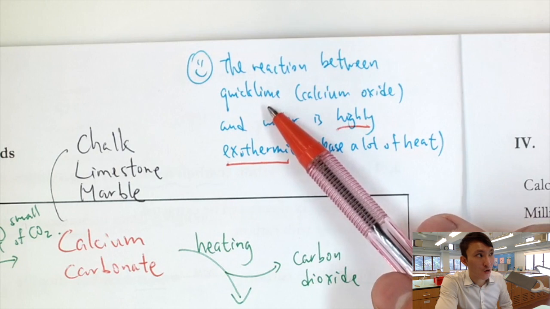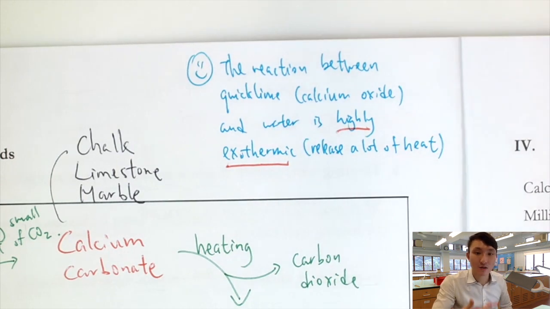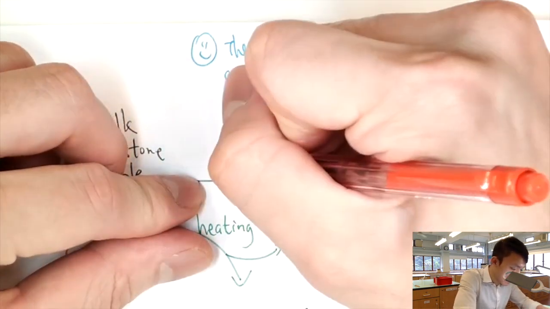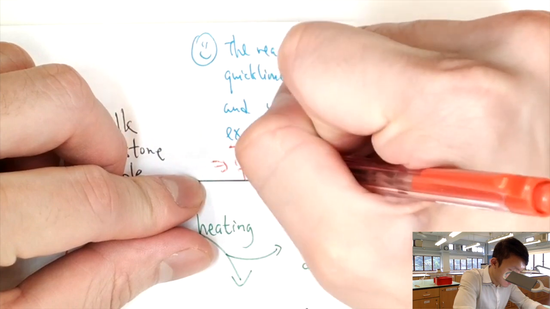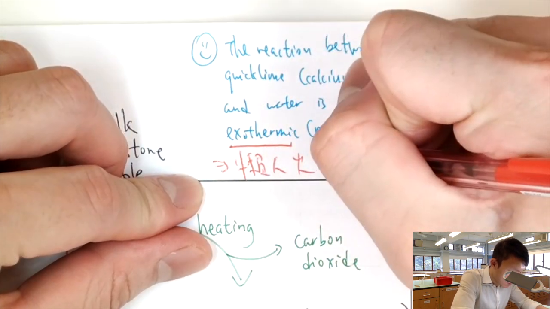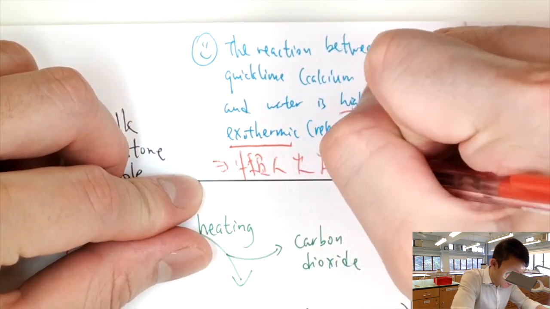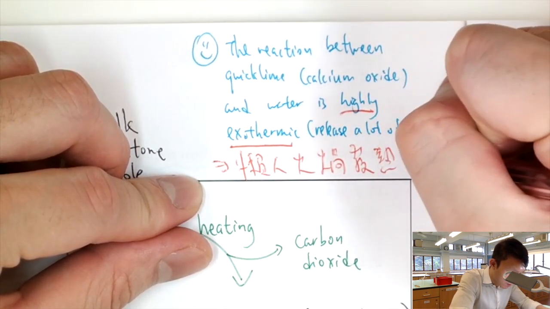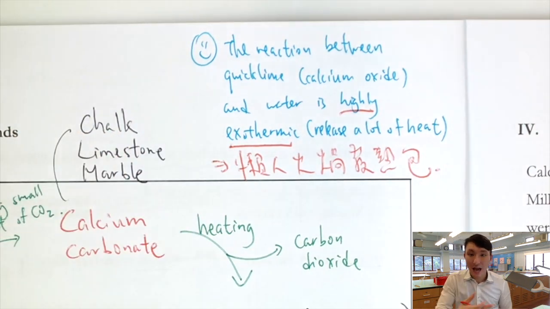So when you pour water onto the quicklime, it starts to react and generate a lot of heat. So this is something that you may need to consider. This is an application of quicklime. Of course, it has other applications, but this is one of them.